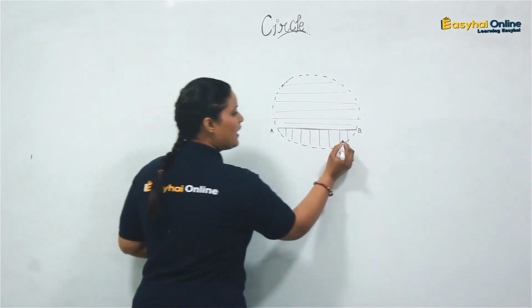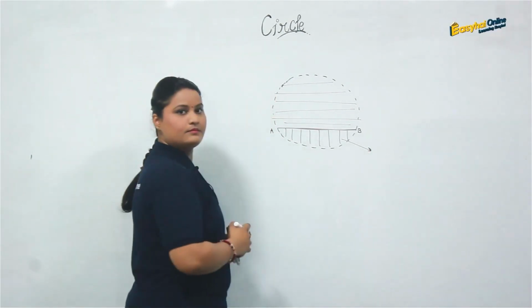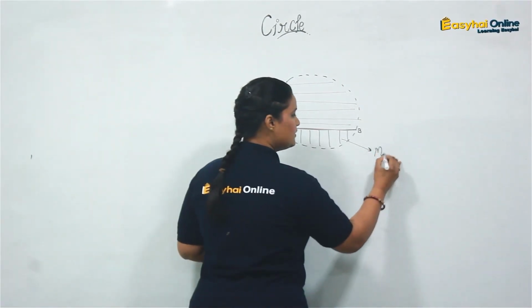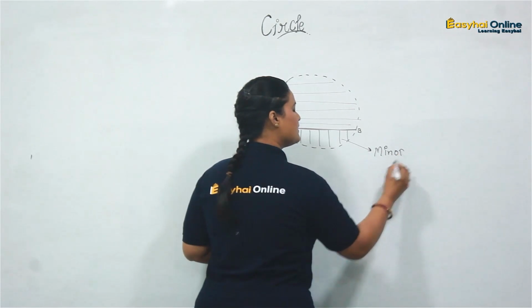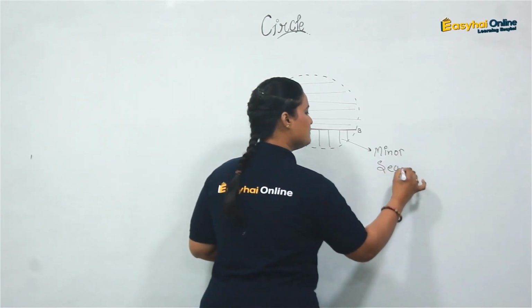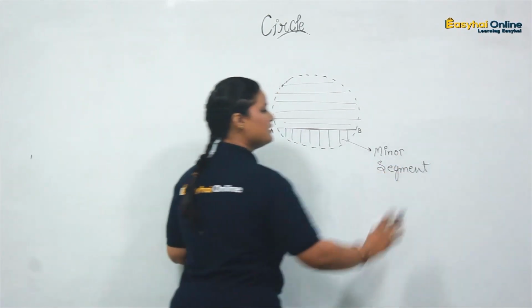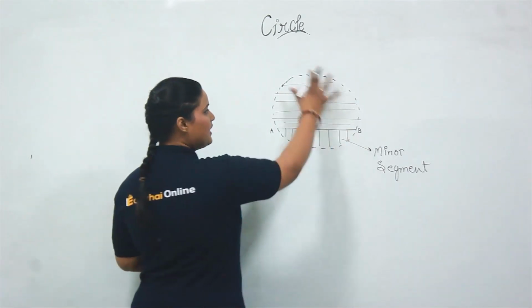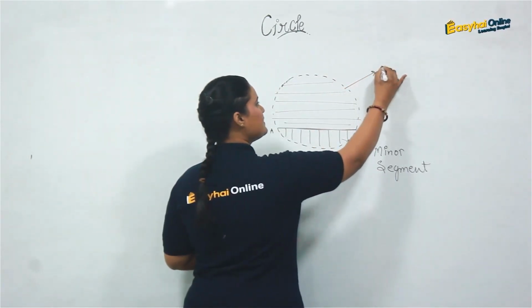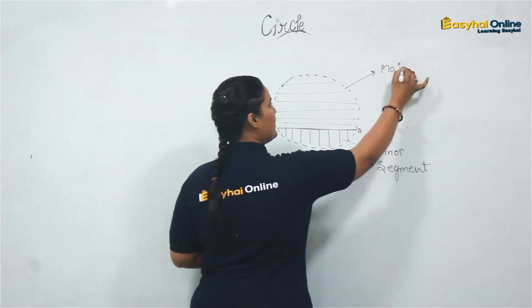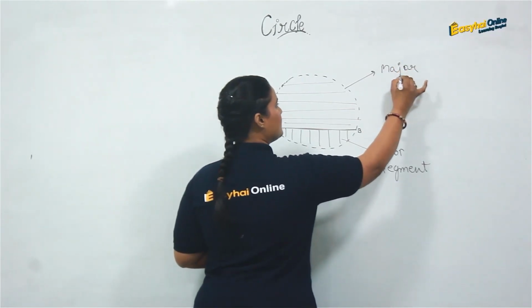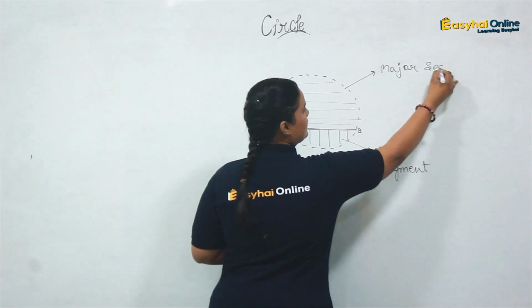The smaller part is known as the minor segment, and the larger part is known as the major segment.